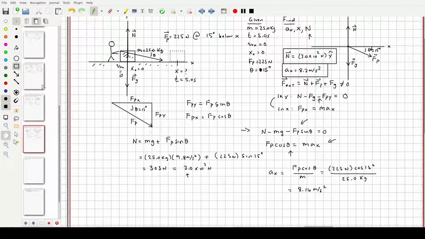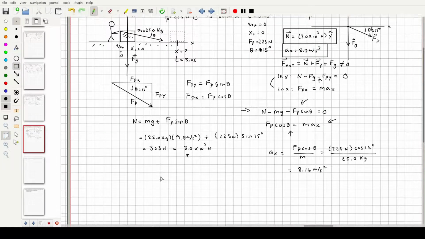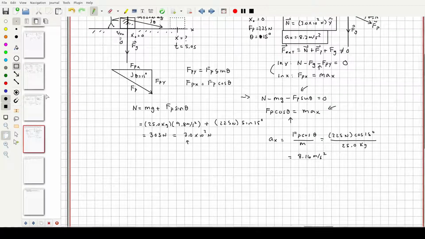We'll write down our 3 equations of kinematics here. Vx is equal to v naught x plus ax times t. X is equal to x naught plus 1/2 ax times t squared plus v naught x times t.